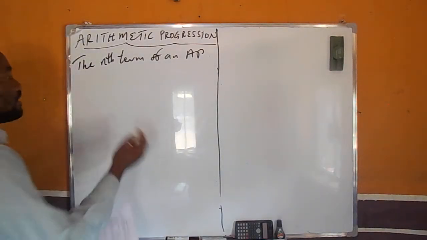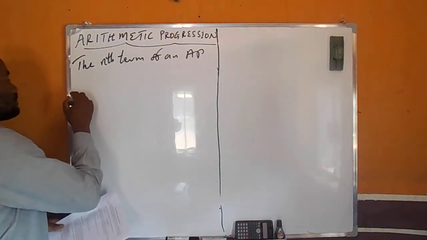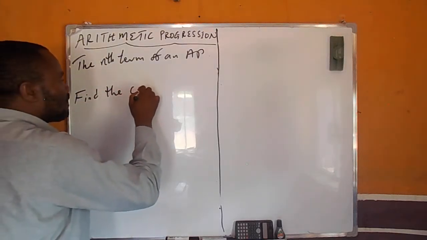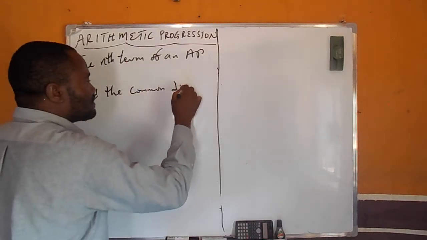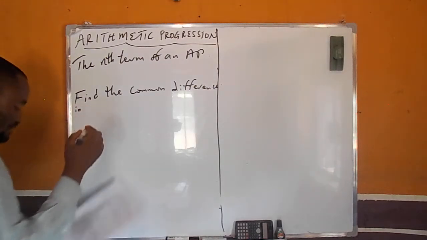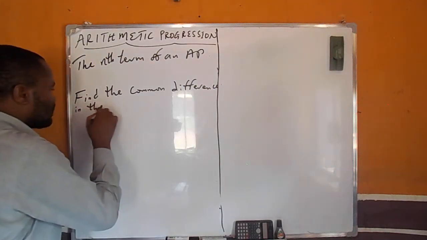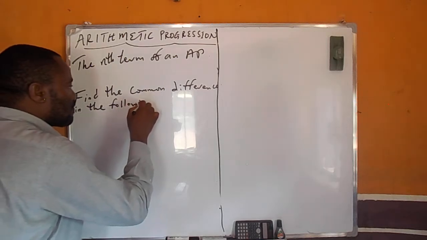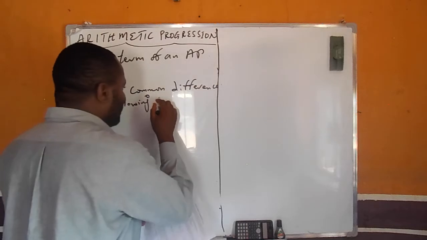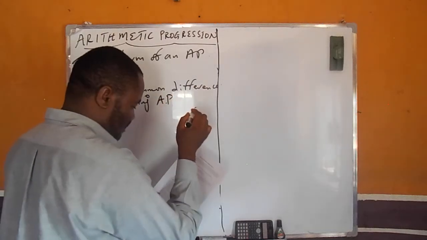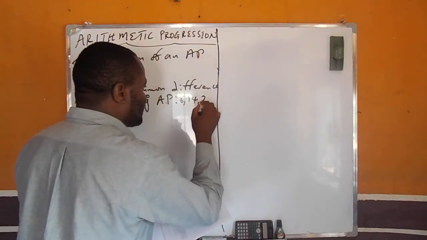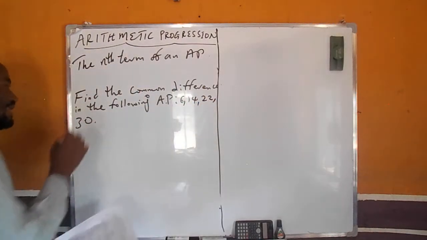This is still talking about common difference. Find the common difference in the following AP: 6, 14, 22, and 30.